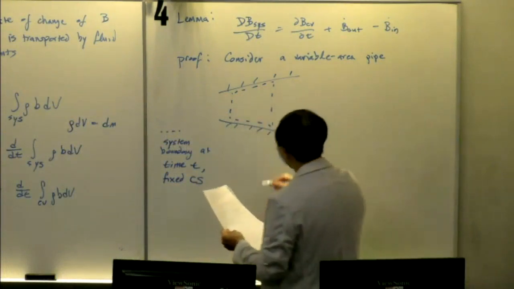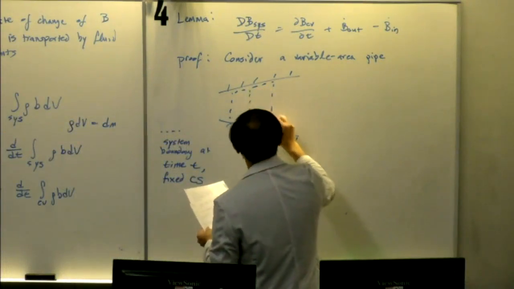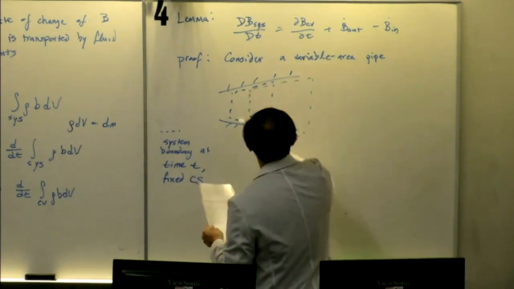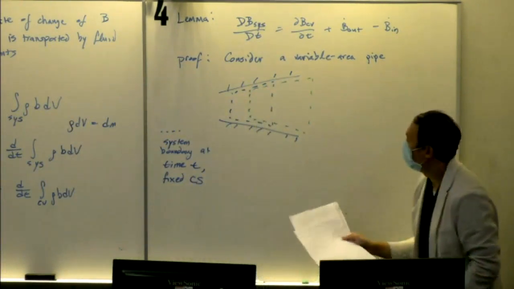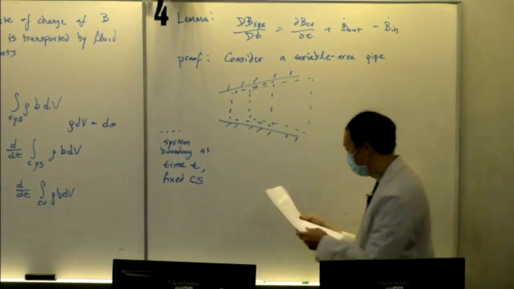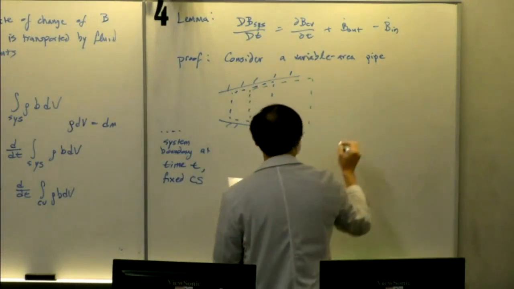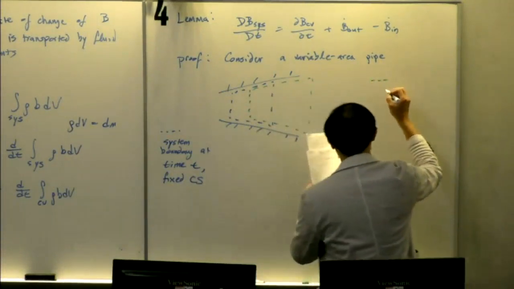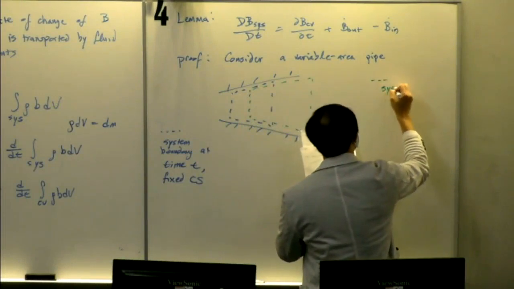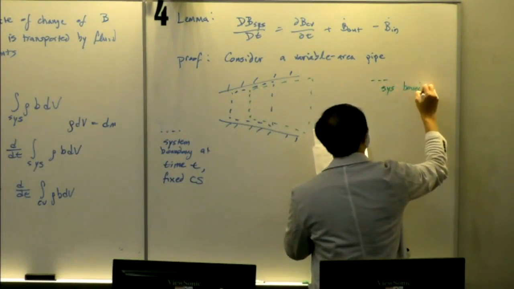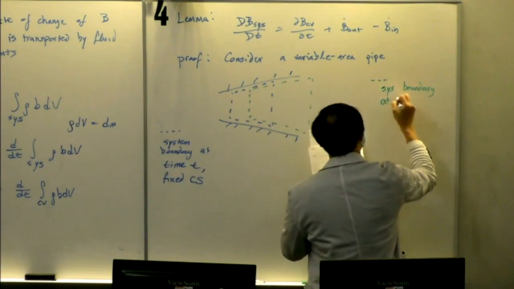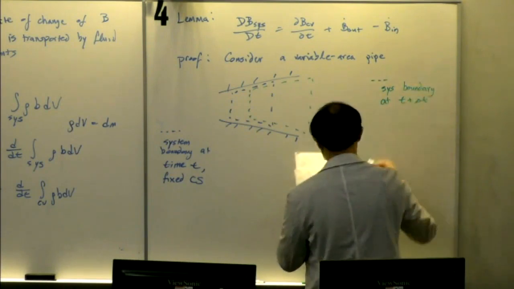Now, later, with the green, it's going to move, and things are going to change. So this is the system boundary at t plus delta t. Okay.